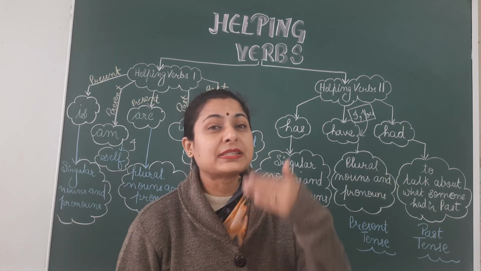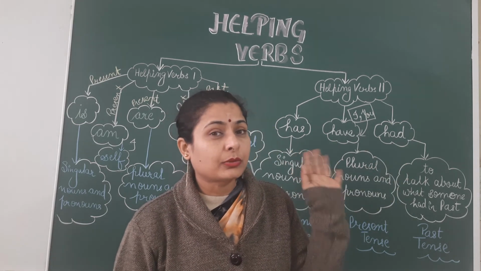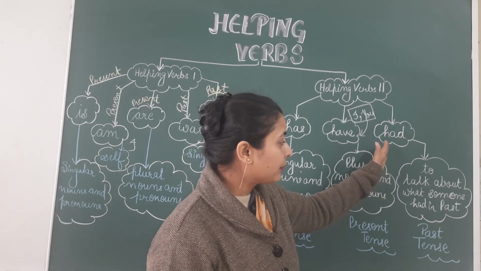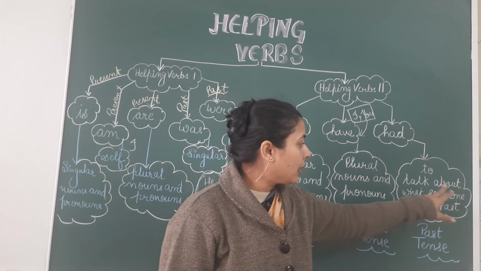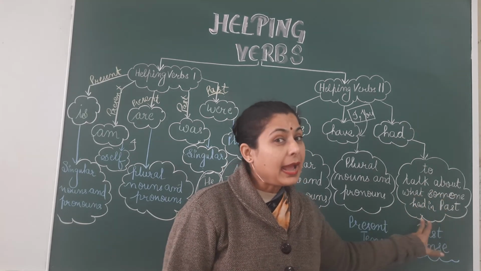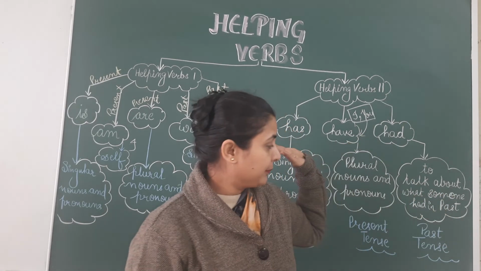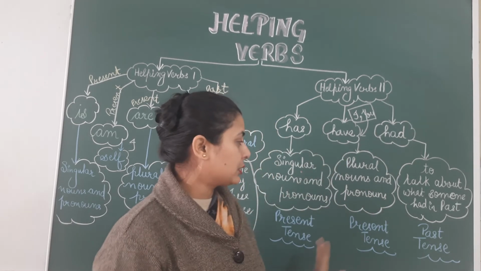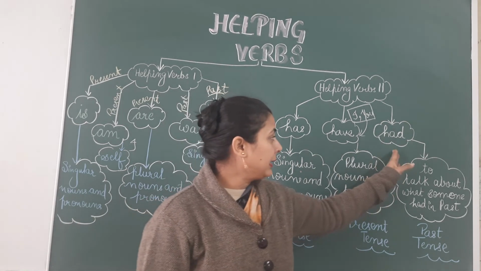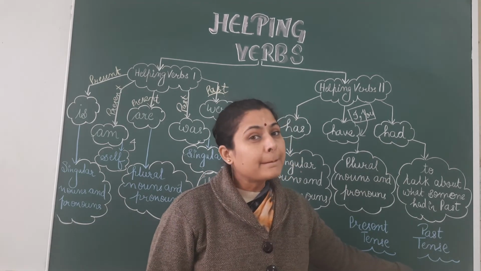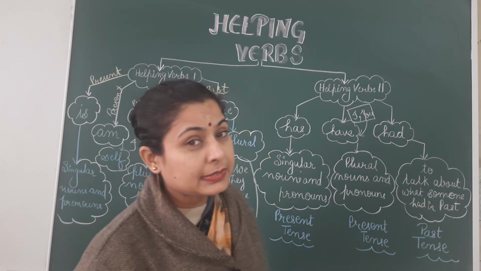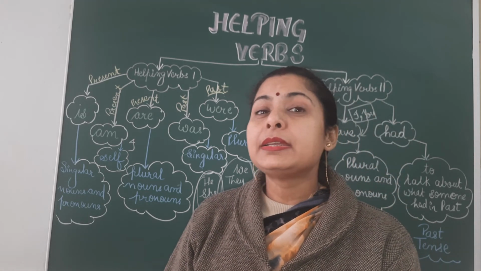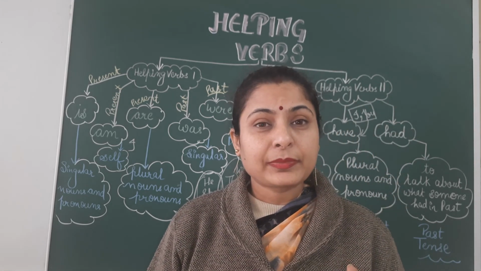Now to show possession that is lost now, that has passed now, that has gone now, we use the word had to talk about what someone had in the past. Right? So, has and have are used in the present tense and had is used in the past tense. For example, she had a blue pen yesterday.